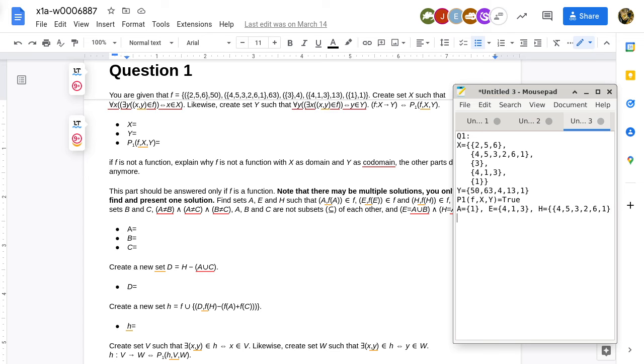Okay, now that we have identified A, E, and H, can we find the sets A, B, and C? In other words, can we express E as A union with something else, and then express H as E union with yet another set? Yep. Wait, how do you know A, E, and H? What did you think? Does anyone want to explain that before I go ahead and explain it?